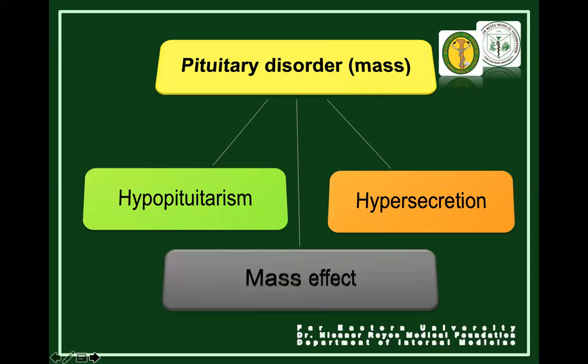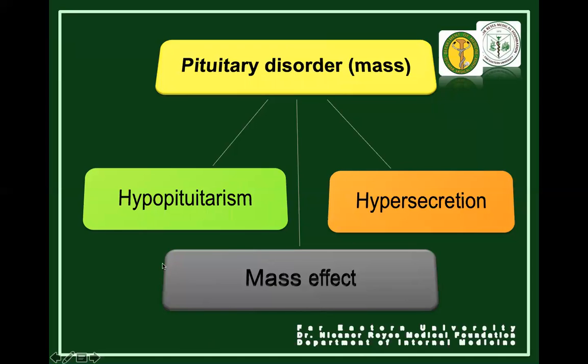Now, if you are encountering a pituitary disorder or a mass, there are 3 things that you have to take into consideration so that you will not miss out anything. First is that if I have a pituitary disorder, especially if I have a mass, I would think of what are the signs and symptoms if there is a mass encroaching on the surrounding structure.